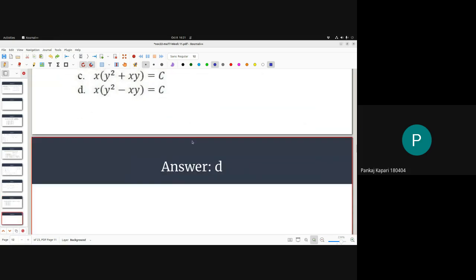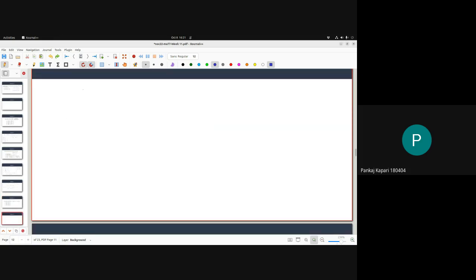So what is our differential equation? It's (y square minus 2xy) dx is equal to (x square minus 2xy) dy. Okay, so we will just write this equation in the form of M dx plus N dy is equal to 0.